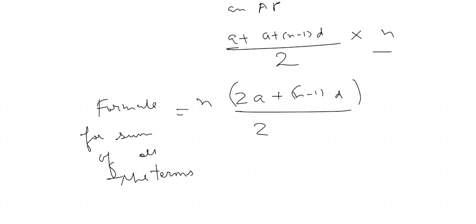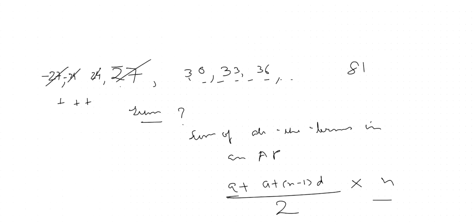ठीक है. तो आगे बढ़ते हैं. तो अगर हमारे पास फॉर्मूला आ गया, how can we use this formula in this question? The question was that you have to start from 30 and go up to 81, and in the process add all the terms. देखो, अब आपकी जो नई सीरीज है ना, ये तो कैंसिल आउट हो गए. तो this will be your first term and this will be your last term.